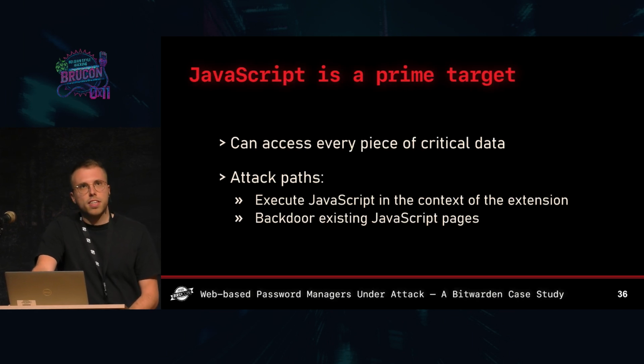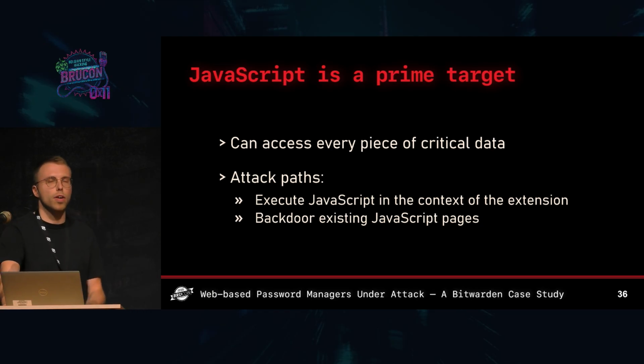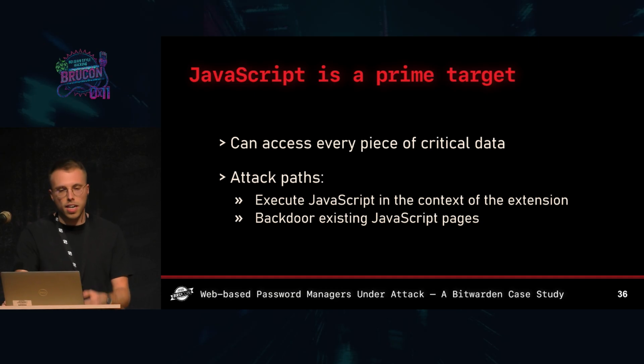The attack path would be to either execute JavaScript in the context of the extension on the fly and try to get our decryption key or our decrypted database, or maybe just backdoor the existing JavaScript pages of Bitwarden. From then we can just wait for the user to open it, and we won't have to be there at the right time like for the procdump. We just backdoor, and next time he opens it, we'll be able to extract the passwords.